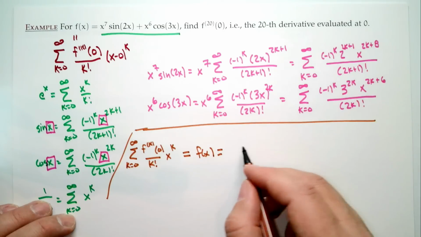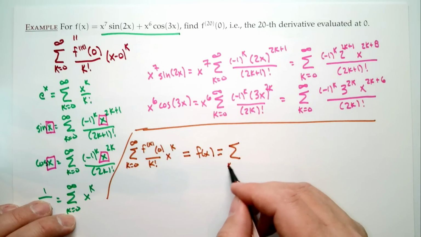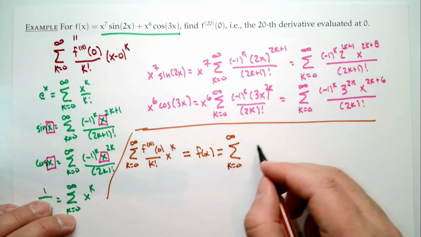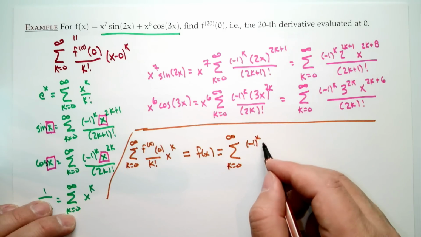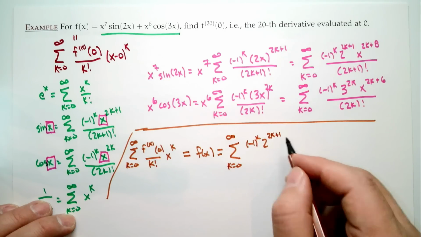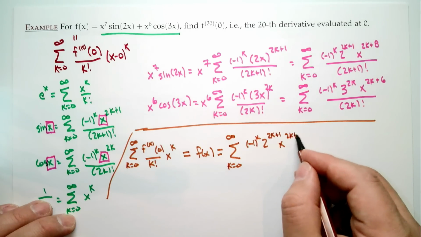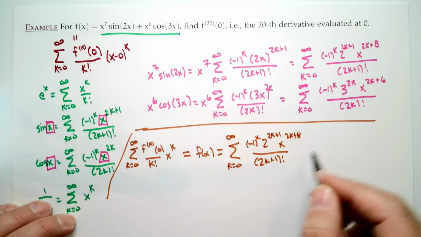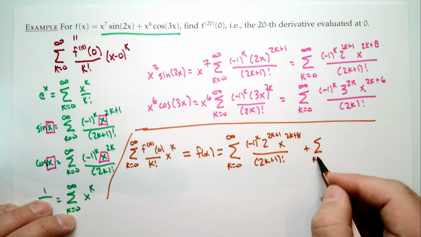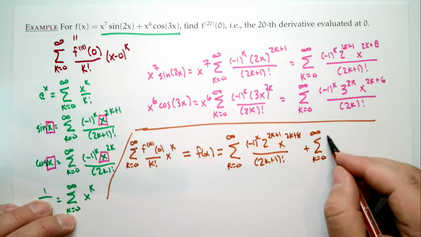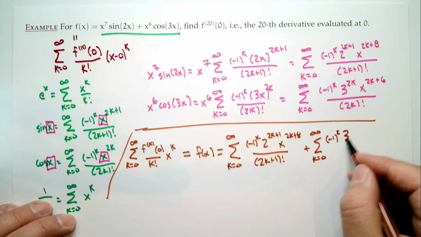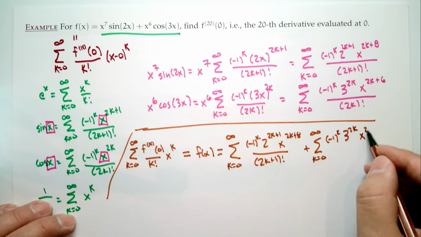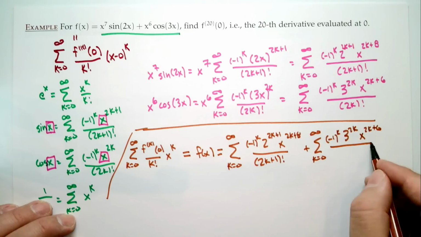But it's also equal to the following pair of sums. Sum 0 to infinity of negative 1 to the k, 2 to the 2k plus 1, x to the 2k plus 8, over 2k plus 1 factorial plus the sum k equals 0 to infinity of negative 1 to the k, 3 to the 2k, x to the 2k plus 6 over 2k factorial.